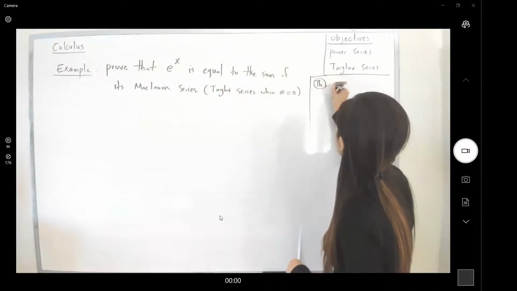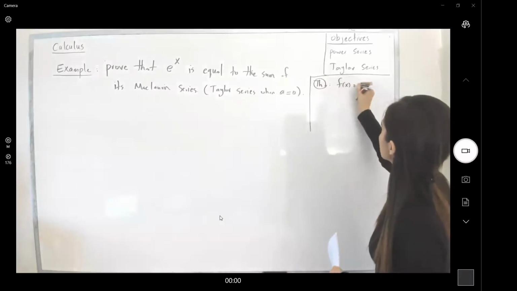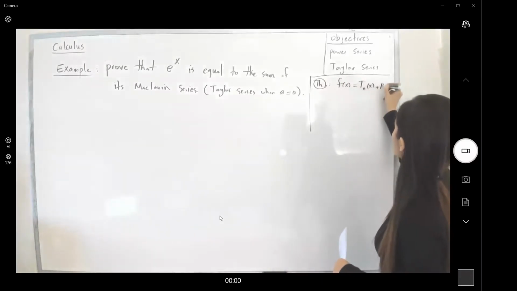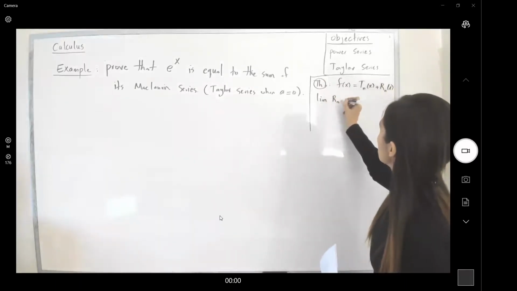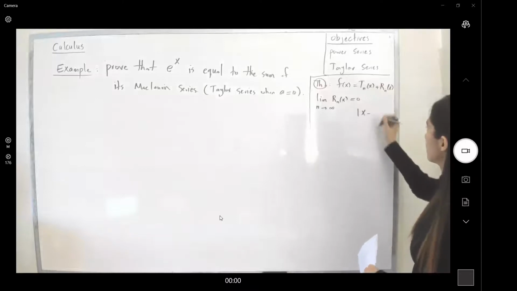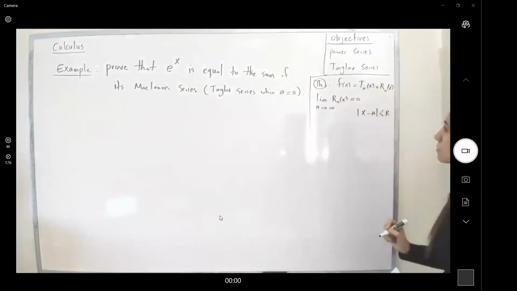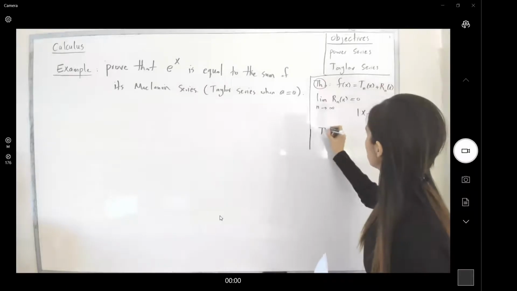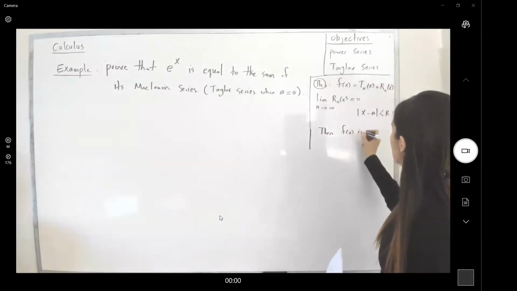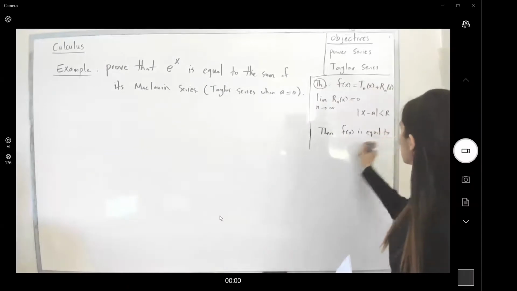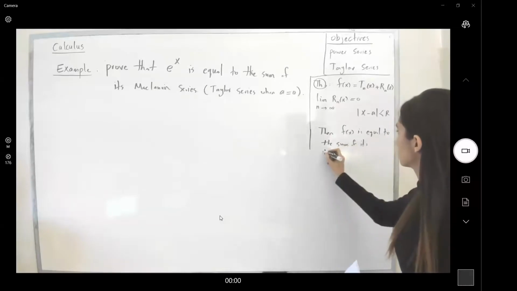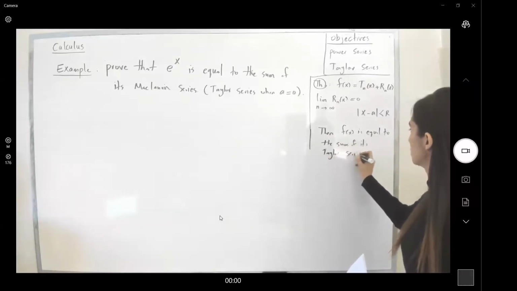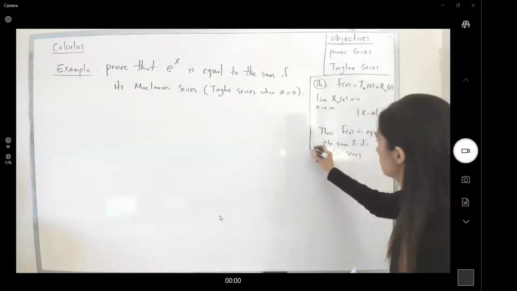The theorem says, if you have f of x equals T_n(x) plus R_n(x), and if the limit of your remainder as n goes to infinity is equal to 0 over the interval of convergence, then f of x is equal to the sum of its Taylor series over the given interval.